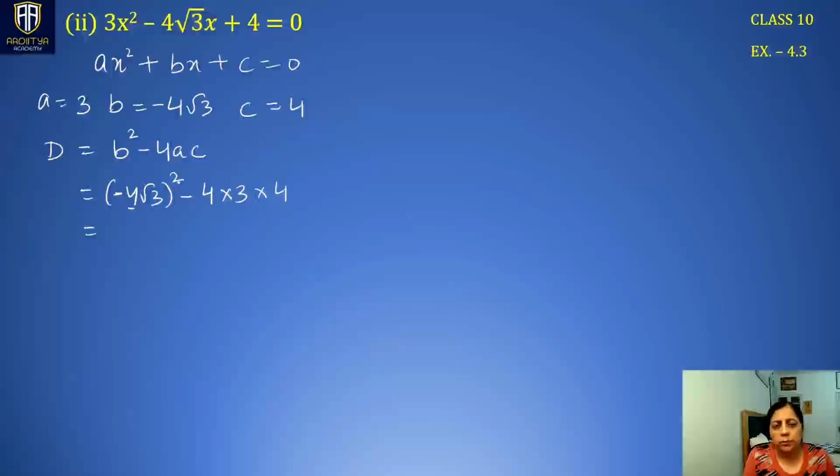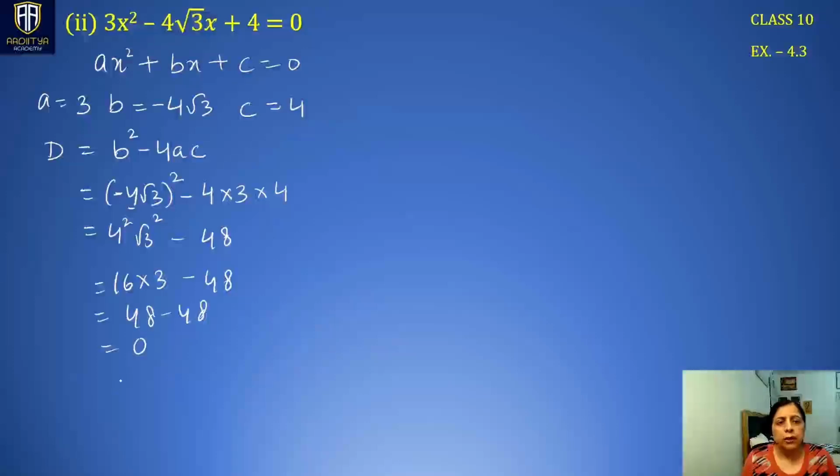Negative when squared becomes positive. Square of 4 is 16, and square of root 3 is 3. Minus 4 fours are 16, threes are 48. This is 16 multiplied by 3 minus 48, so we have 48 minus 48, which is 0.